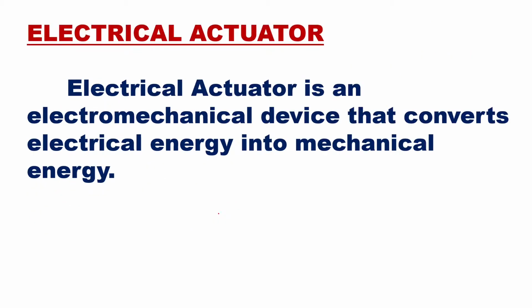So what is an electrical actuator? An electrical actuator is an electromechanical device. We have named it electromechanical because the input will be electric energy and the output will be mechanical energy. So it is an electromechanical device that converts electrical energy into mechanical energy.